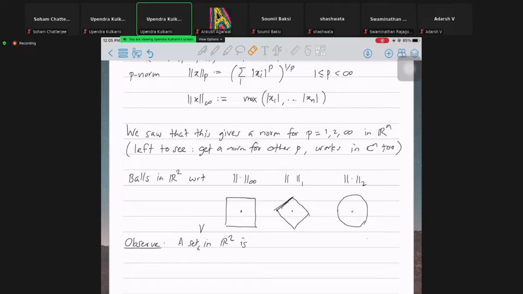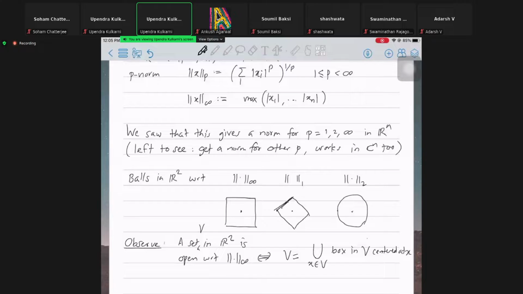Open with respect to this norm if and only if V is a union of boxes, but this is not by definition; this is something that we saw.